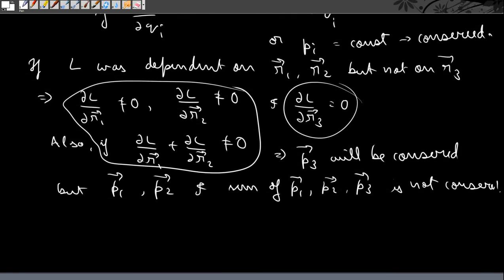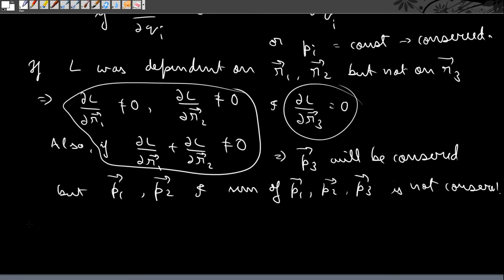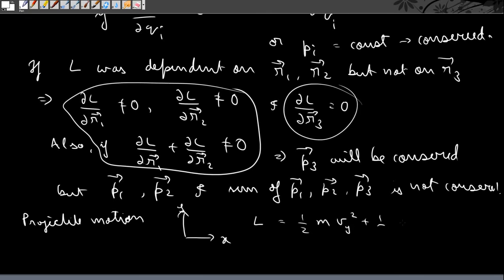So let us consider an example. If you consider projectile motion, where this is y and this is x, we will have L equal to half m vy square plus half m vx square minus mg y.